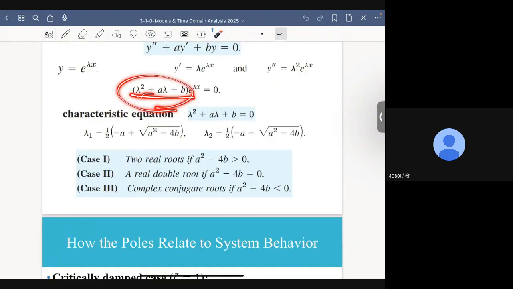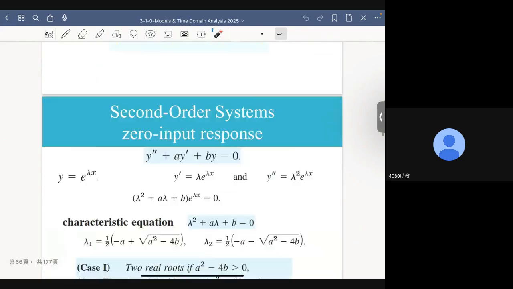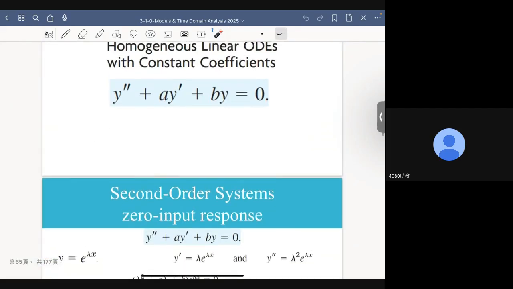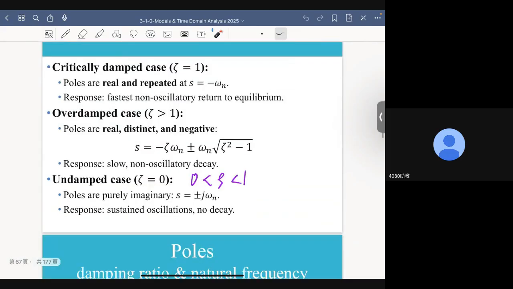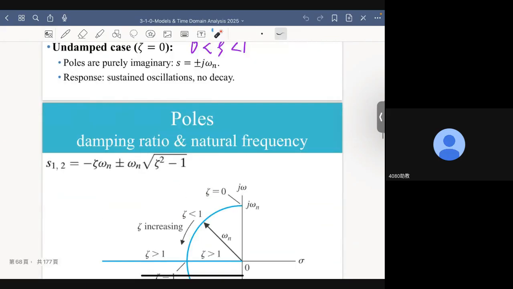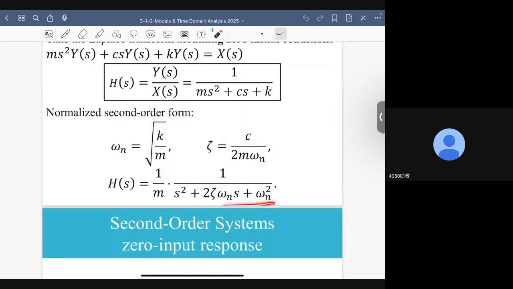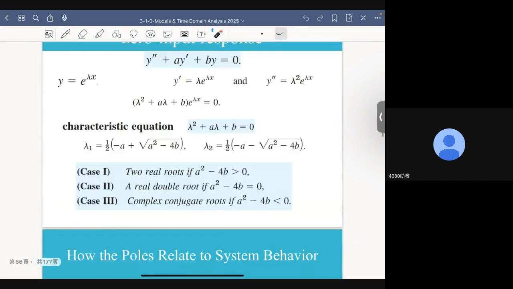So, if lambda is the eigenvalue of this ODE, then s, as the root of this characteristic equation, represents the pole of the spring mass damper system.